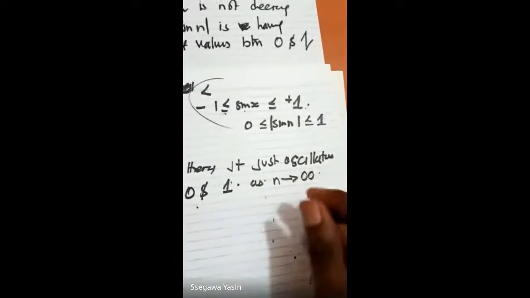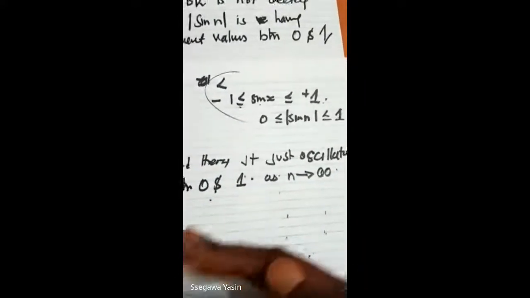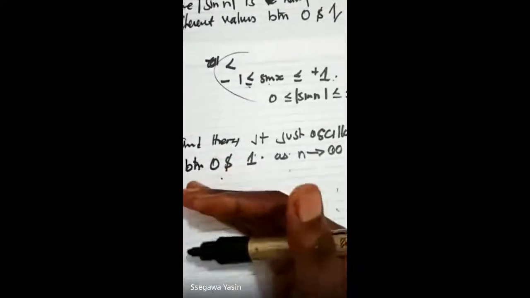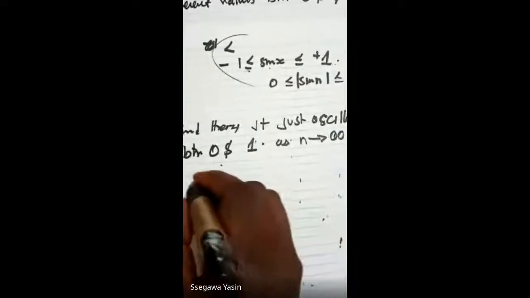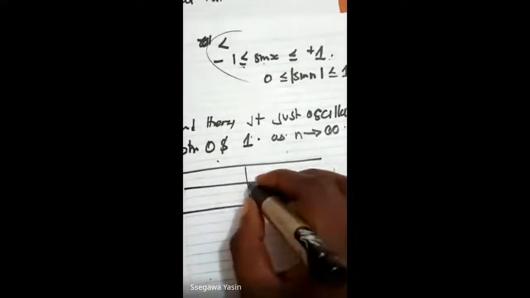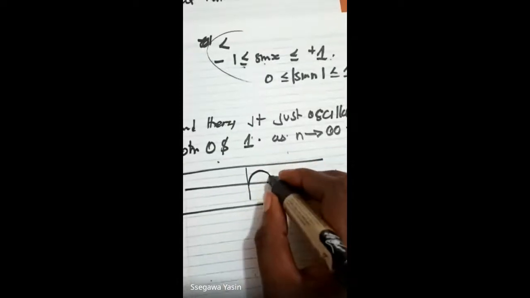Meaning that when you substitute as many n's as possible, the answers will be lying between 0 and 1, like 0.0, 0.6, 0.1, 1, then it goes back like that. You know how a sine behaves. If this is a sine, you find that it will be vibrating like this.